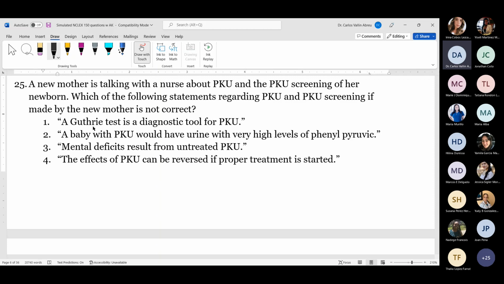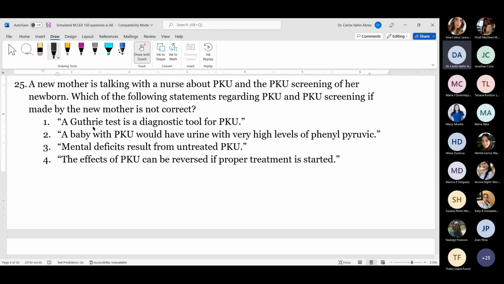They describe that like a musty odor, like a mold odor. And it is true, this test can also be done in the urine, but it's done after a week, because it's more sensitive to be done in the blood.